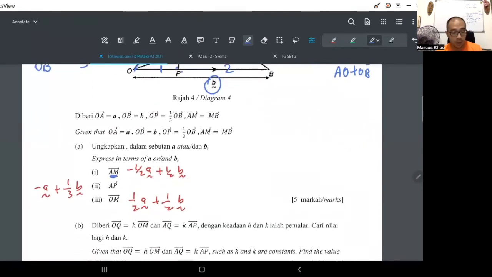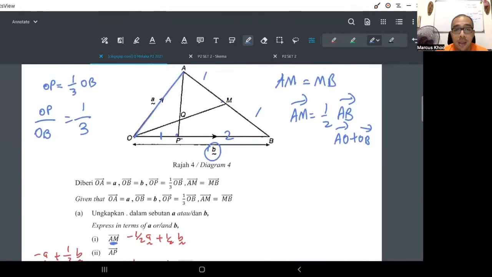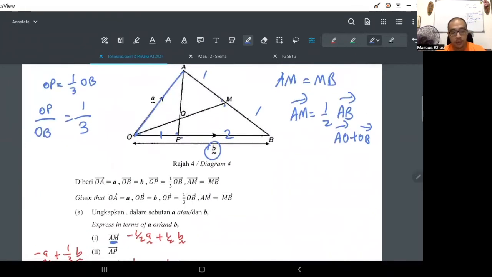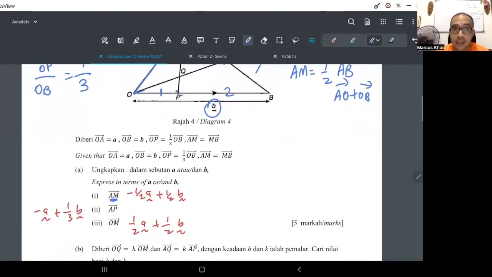So AP will be AO plus OP, probably one of the easier ways. OM will be AO plus OM. So very, very straightforward vectors. If you've done enough vector questions, I really don't think that this should be a problem now. It's quite straightforward.